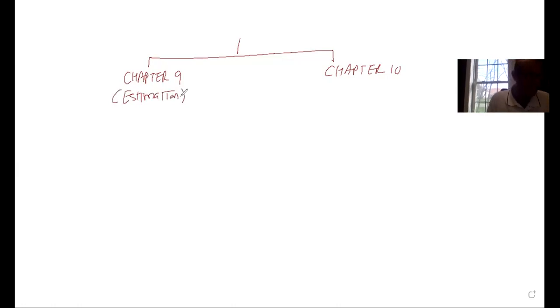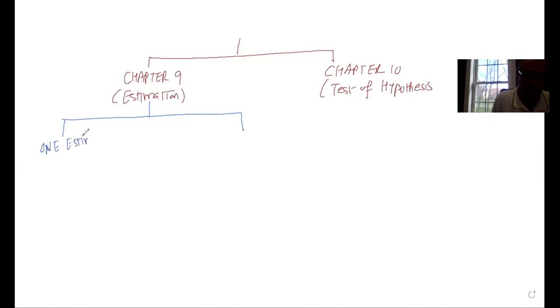Chapter 9 is the estimation, and chapter 10 is the test of hypothesis. Now estimation is divided into two categories. My first category is one estimation, and the second one is two estimations.